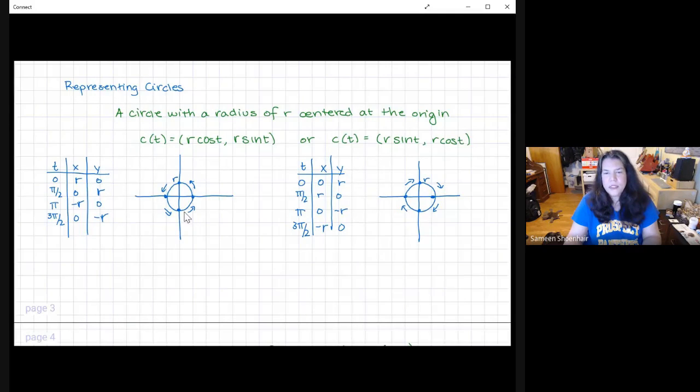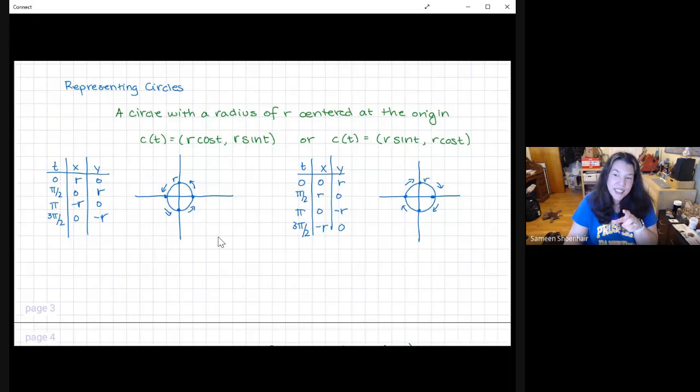Does anybody have a guess what would happen to the equations if I wanted to move the center off the origin? How would I adjust these equations? Sorry, I'm not giving you a whole lot of think time on these.